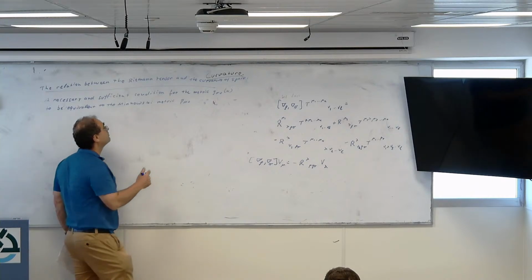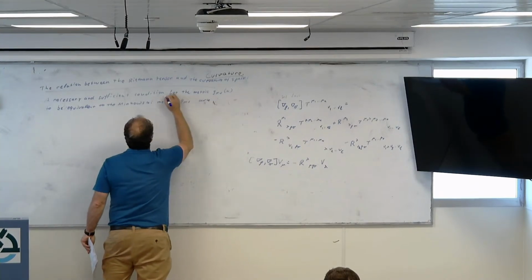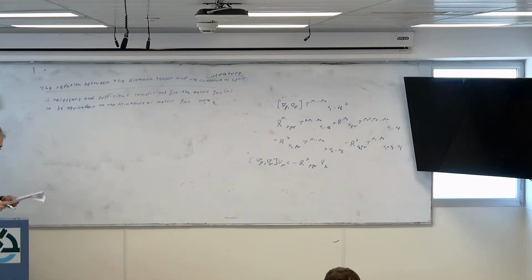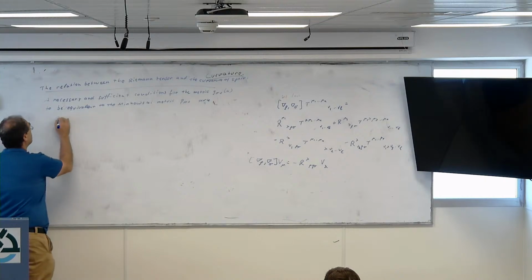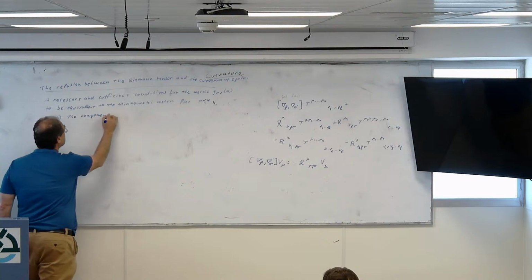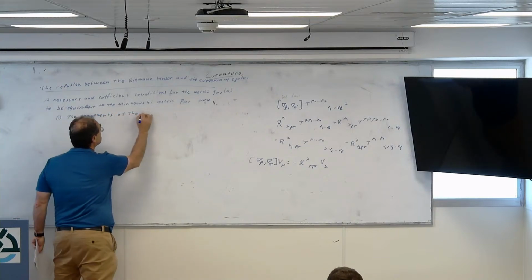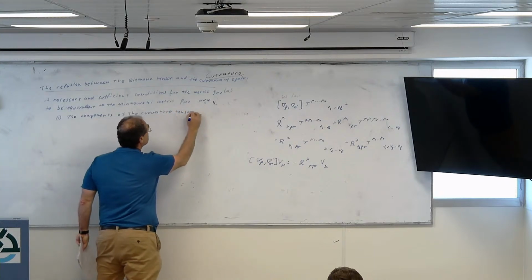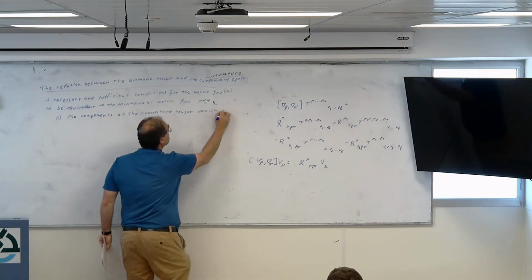What are the conditions? The curvature tensor R is 0, or that the components of the curvature tensor vanish everywhere.